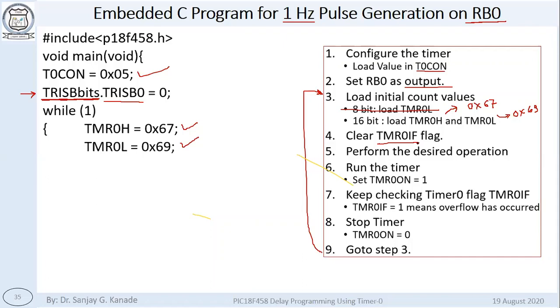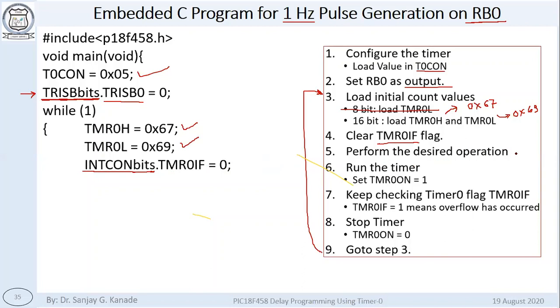It is in the INTCON register, right? So again using the same kind of syntax, INTCON bits. INTCON is the register name, bits because we are accessing a single bit, dot TMR0IF. TMR0IF is the name of the bit, and we are making it 0, clearing the flag, right?